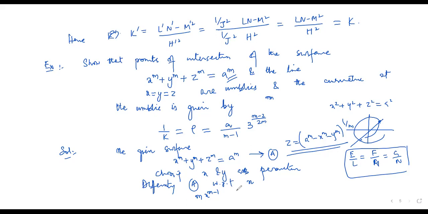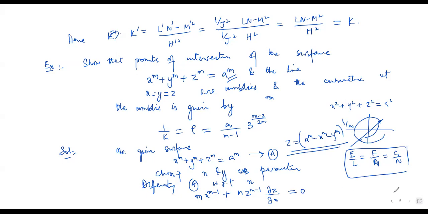So that will give 0, but z depends upon x and y, so differentiating z gives m times z raised to power m minus 1 into del z by del x, right? Using the chain rule, this is equal to 0, right?